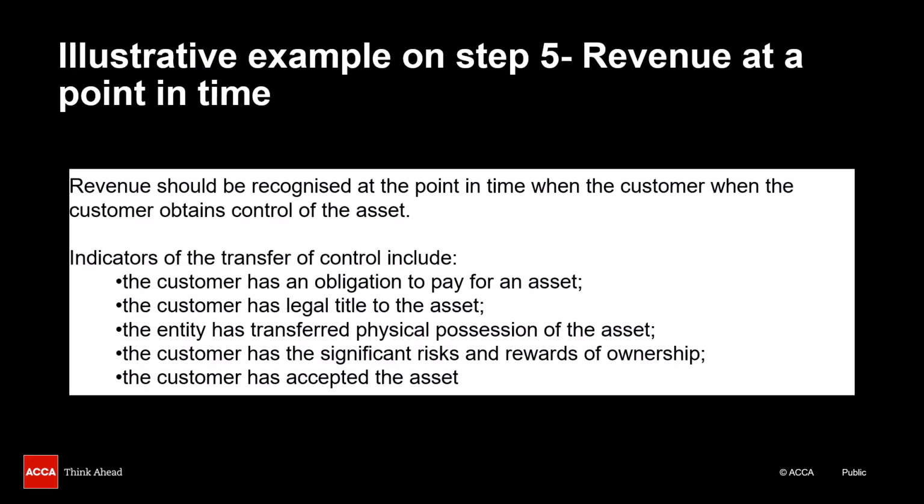As per the background information, the revenue from the desks would be recognized at the point in time when delivery takes place on 1 Jan X4. This is because, according to the payment terms, the customer has an obligation to pay for the asset on this date. On delivery date, physical possession of the asset is transferred to the school.